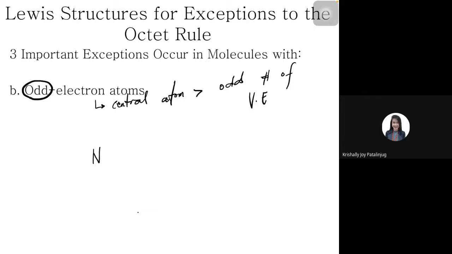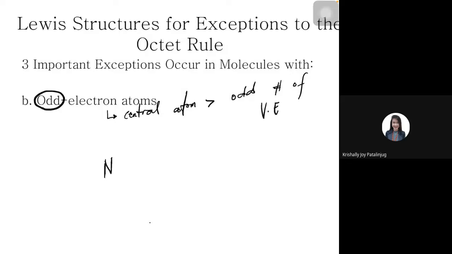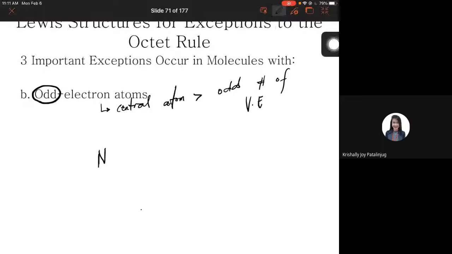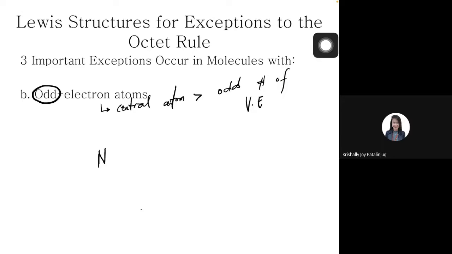For example, nitrogen: its valence electrons are how many? How many valence electrons again for nitrogen? Anybody? 3? Are you sure? Five, five. Okay, there are 5 valence electrons for nitrogen, so it's an odd number.